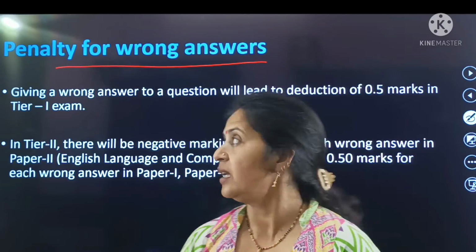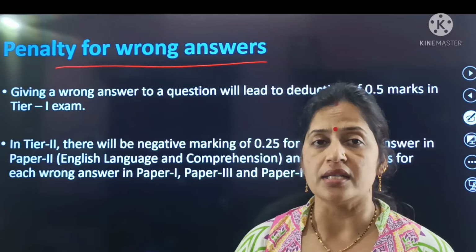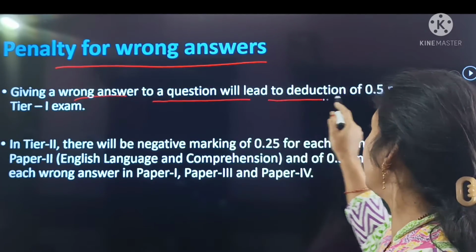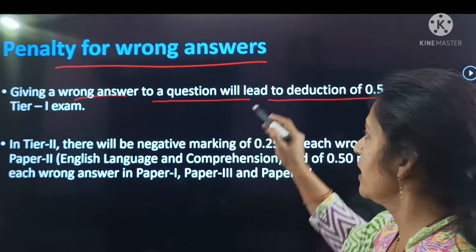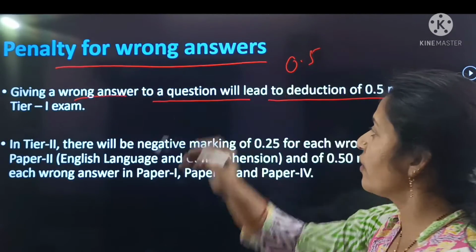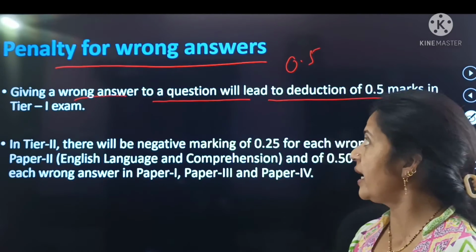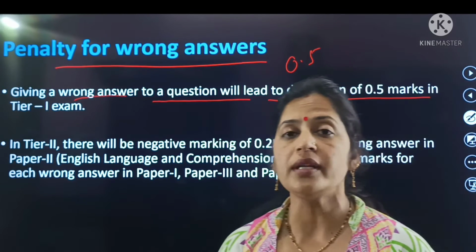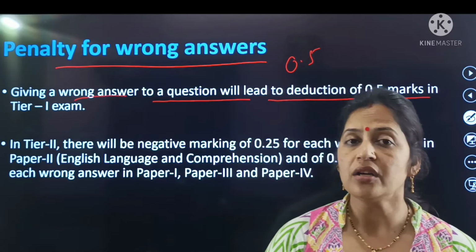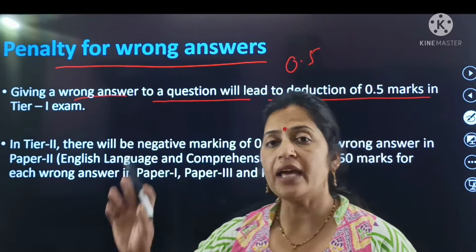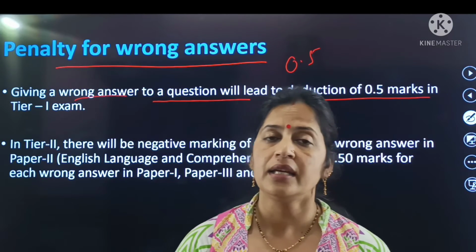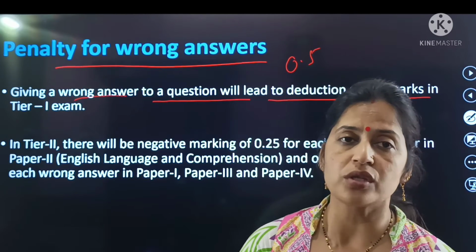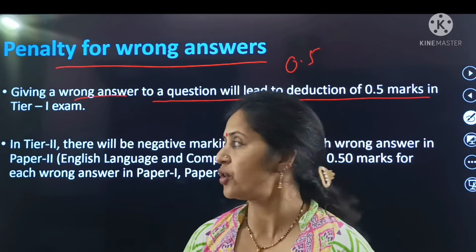Giving a wrong answer to a question will lead to deduction of 0.5 marks in the tier 1 exam. कोई भी candidate अगर wrong answer देता है tier 1 exam में, there will be the deduction of 0.5 marks.